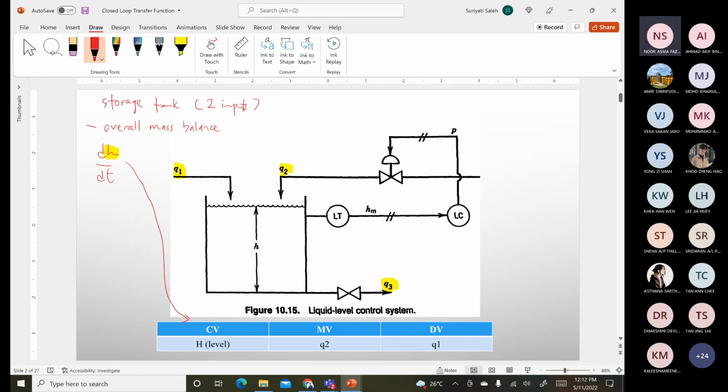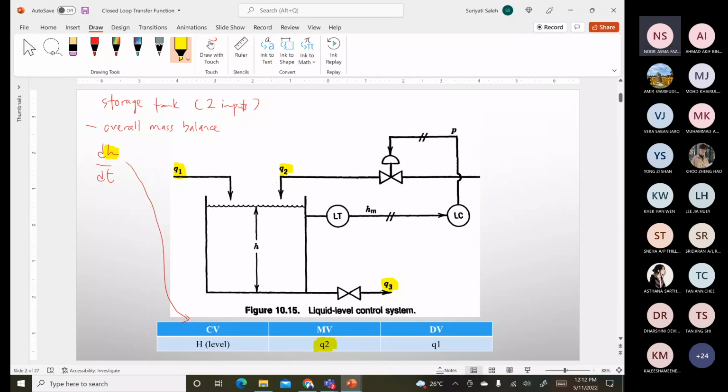So this is the common practice based on your derivation. So based on this given example, they use Q2 as the manipulated variable, the variable that we change or regulate in order to make sure we obtain the desired level.